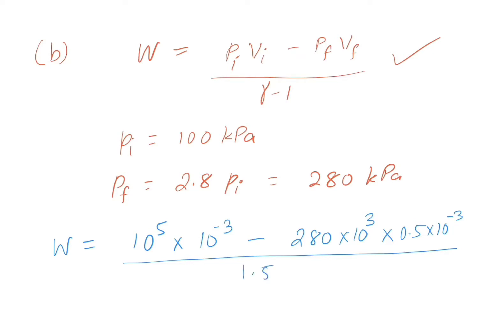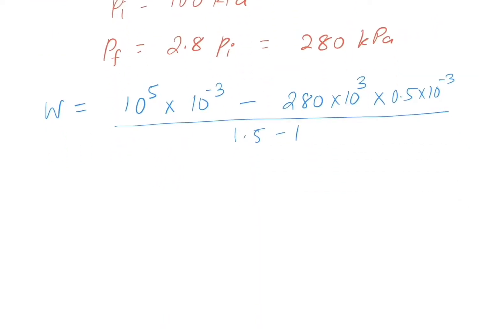Gamma is given in the question 1.5 minus 1. So this will be equal to 100 minus 140 divided by 0.5. So this will be equal to minus 80 joules.